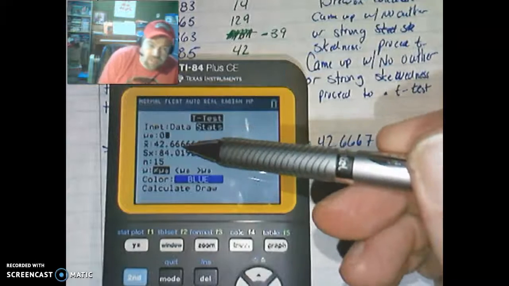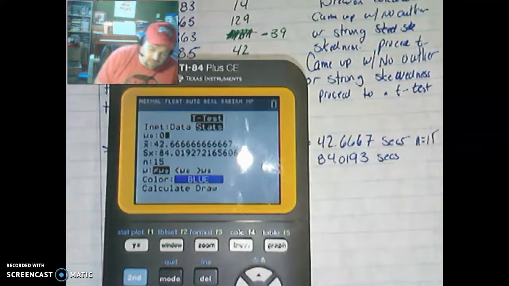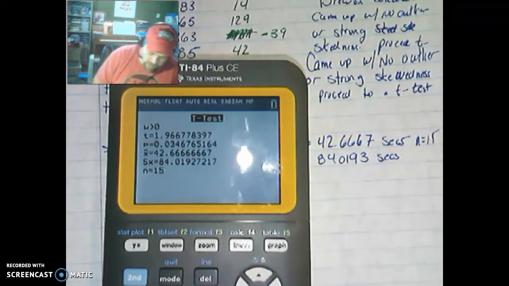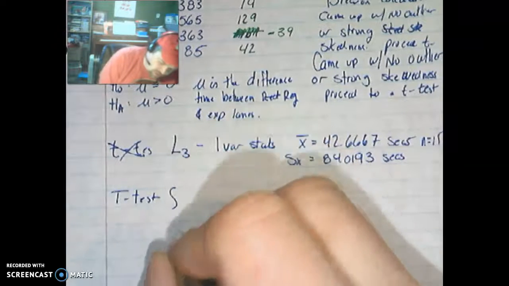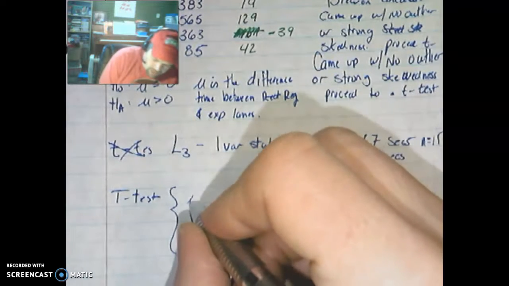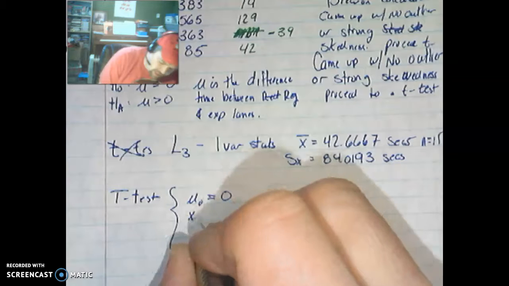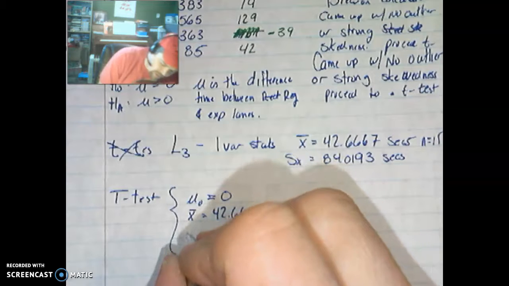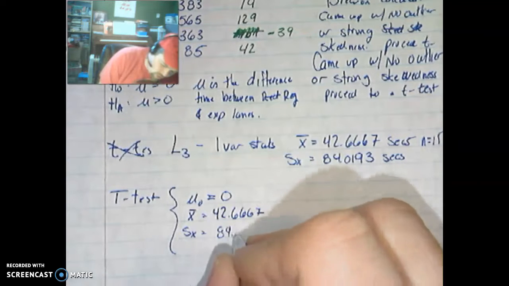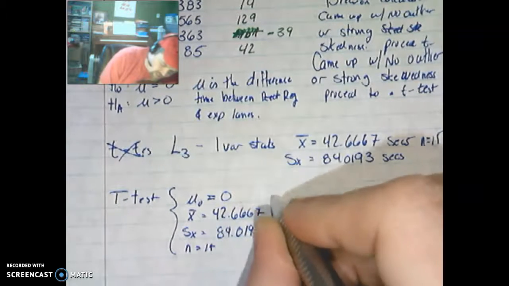So the mu zero is 0, x bar is 42.667, and then we did our standard deviation of 84.0193, and then n is equal to 15, and we're looking at greater than. Okay, I keep forgetting to do this. So I do a t-test.